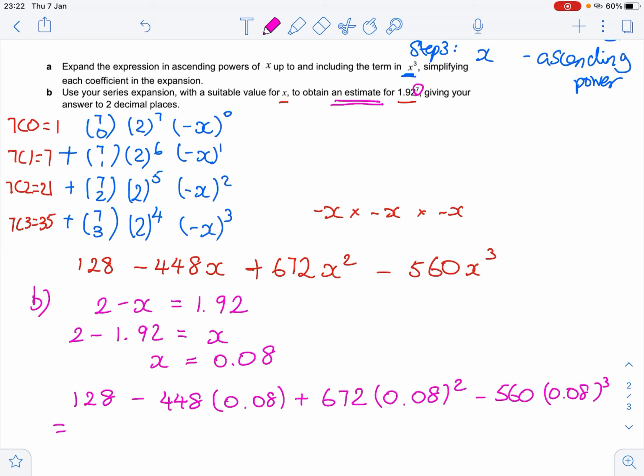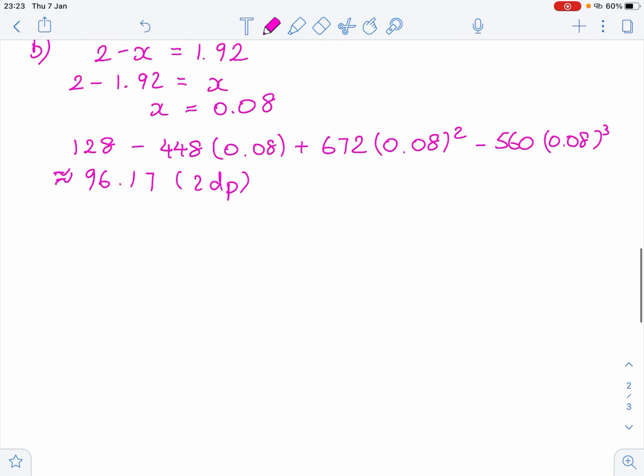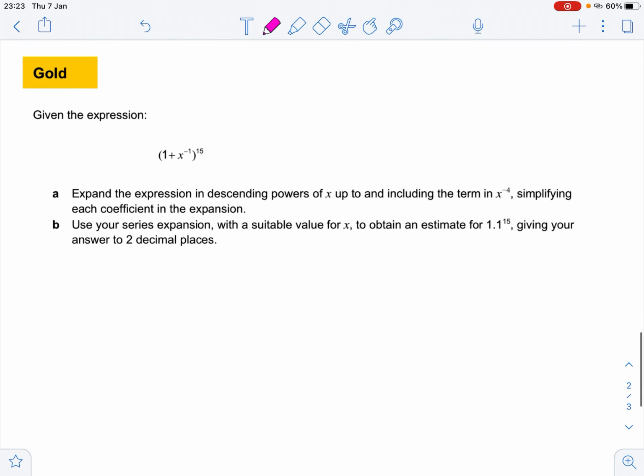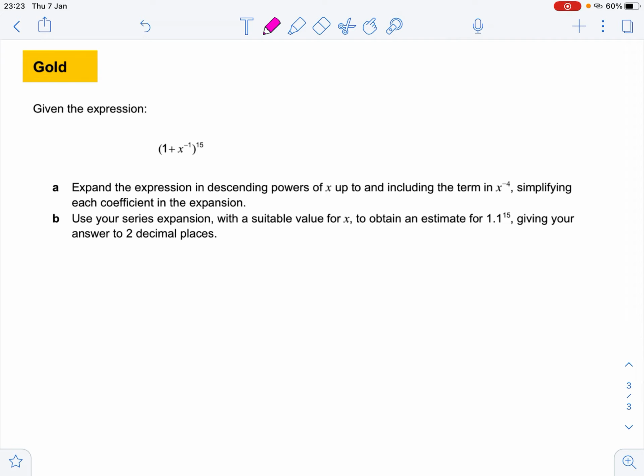Then if you type into your calculators, you should get a value that is approximately 96.17 because it answers in 2 dp. Okay.